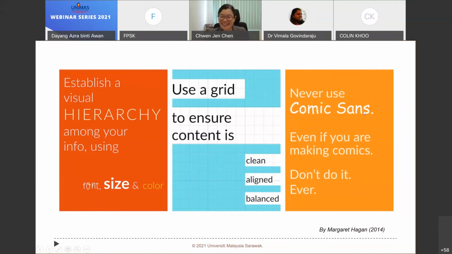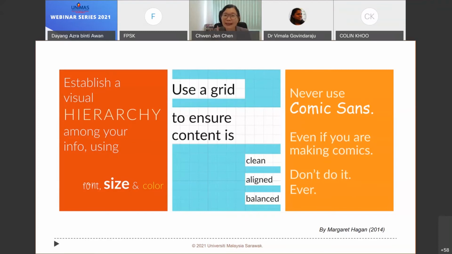Comic Sans font. What does Comic Sans font mean here? Comic Sans is an example of fonts with frills at the edge of the character. Like, for example, Times New Roman. You can see that there are frills at the end or at the edge of the font. So do not use that kind of font because it is not easy to read.